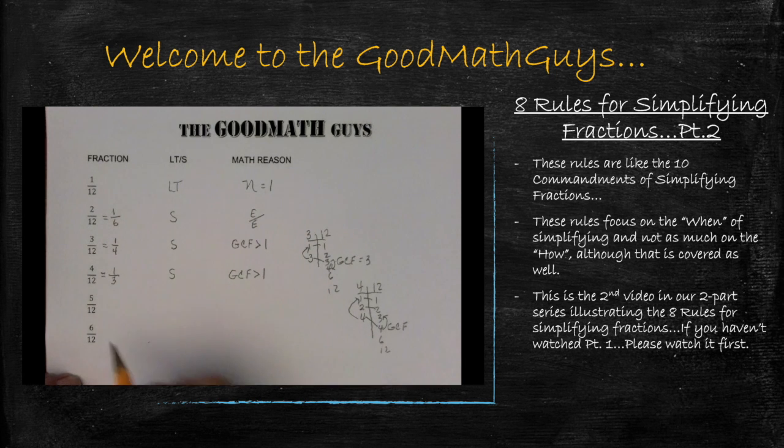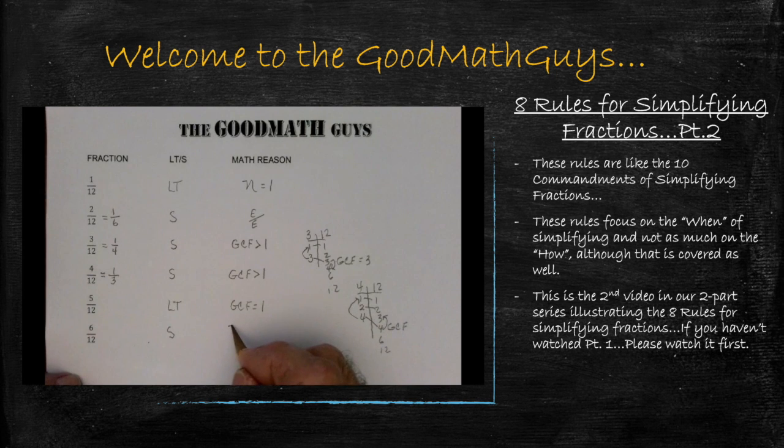Cool. 5/12 is LT because the GCF equals 1. Pretty easy to tell that because 5 is not a factor of 12. 12 doesn't divide evenly by 5, so at this particular point, we don't even have the kids bother to make the factor tables unless they want to. 6/12, simplify.